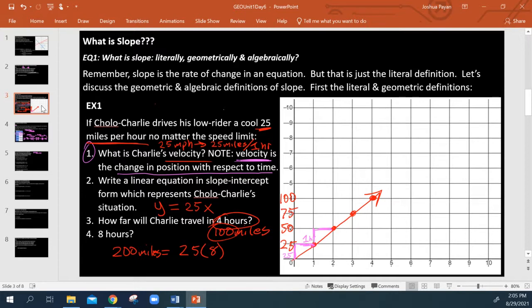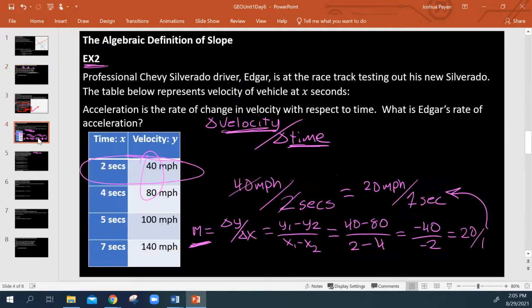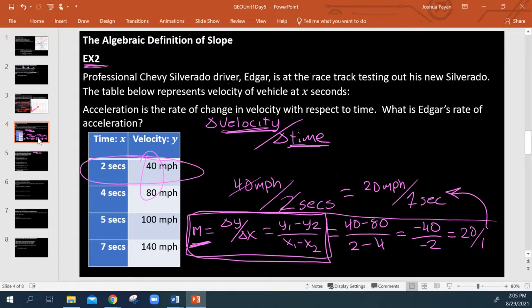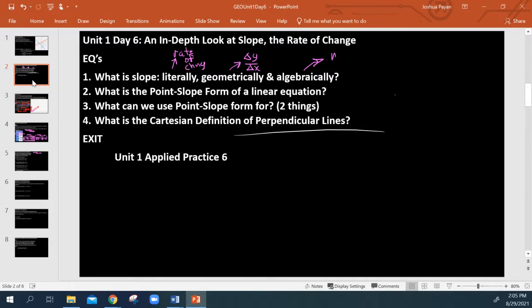So that's how we were able to graph it. Okay, so that's geometrically speaking. And algebraically, well, we saw that here on this example. Slope is given as y1 minus y2 over x1 minus x2, which goes back to our geometric definition of our change in y with respect to our change in x.